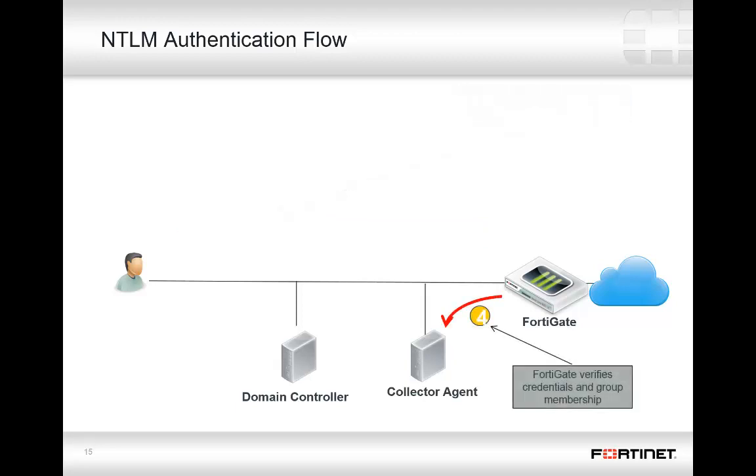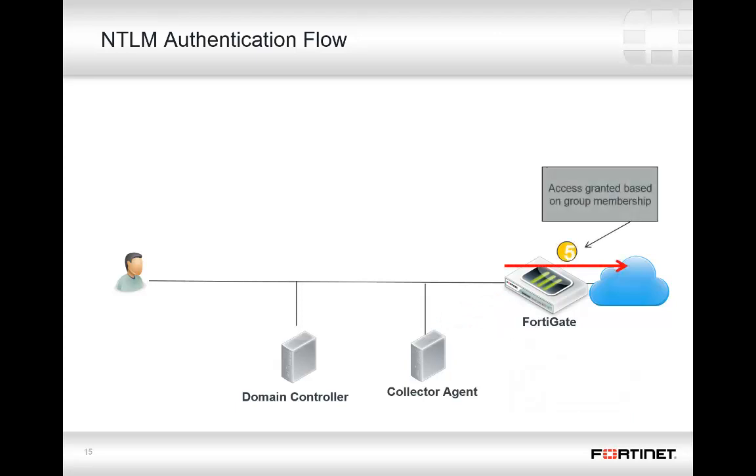FortiGate receives these, then authenticates them with the collector agent. FortiGate will also get from the collector agent the user groups that this user belongs to. If the credentials are correct, FortiGate authorizes access based on the user's group memberships.